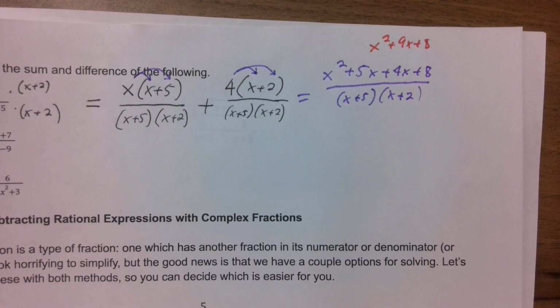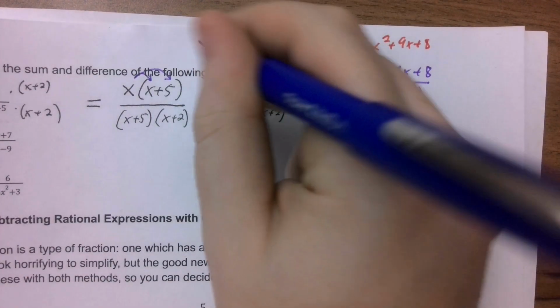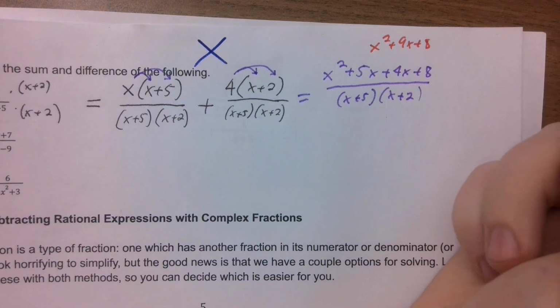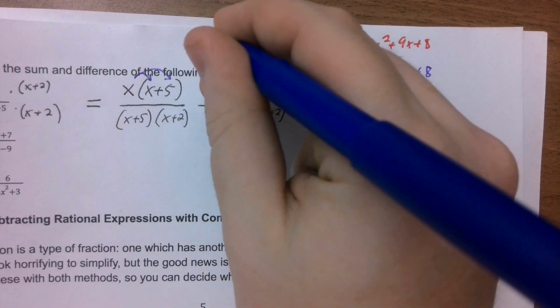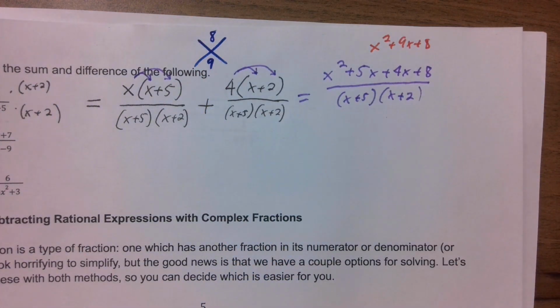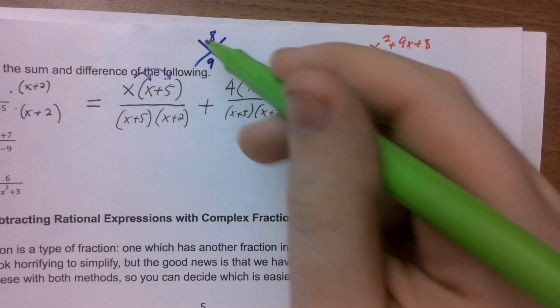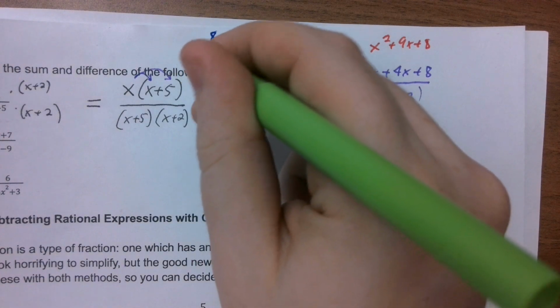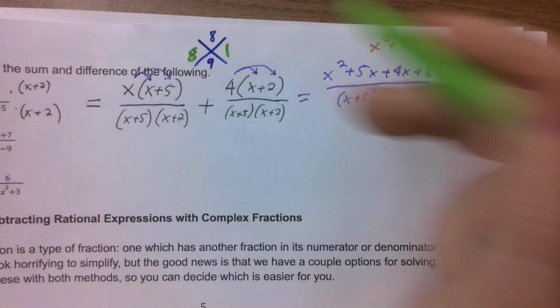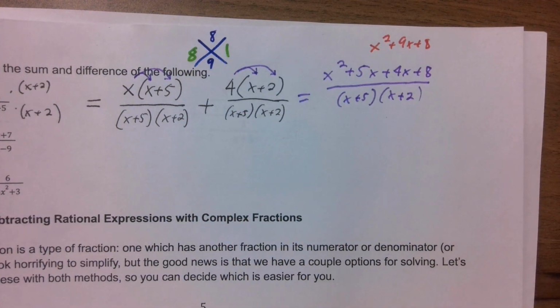Can this be factored? Let's look to see if there's two numbers that multiply to make 8 and add to make 9, and there is. The two numbers that multiply to make 8 but add to make 9 are 8 and 1. 8 times 1 is 8, 8 plus 1 is 9.